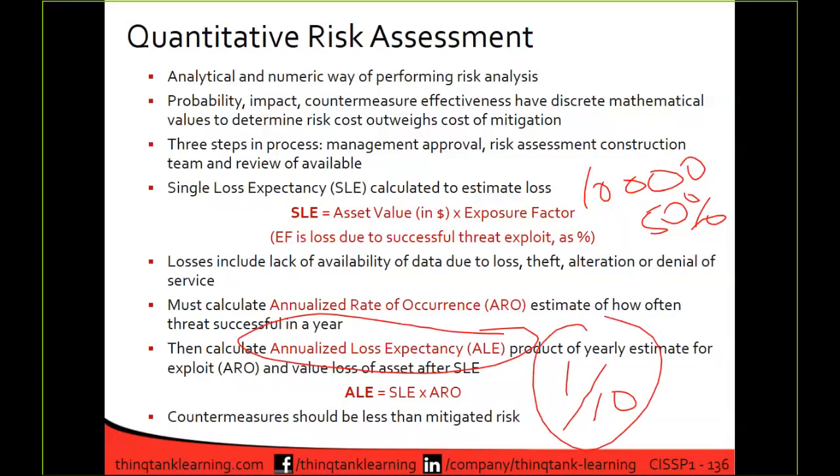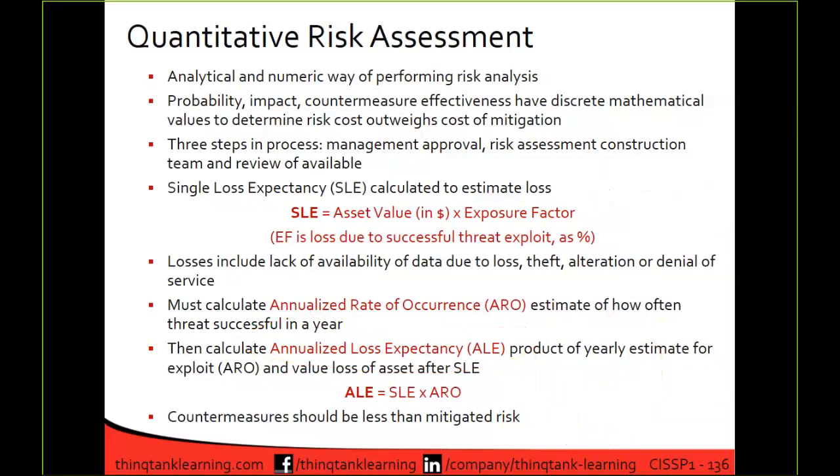So now I'm taking 1/10 of that value, as opposed to a multiple of that value, if I were to say it happens 2 times every year. So the annualized loss expectancy is another dollar value that represents, essentially, the amount of dollars that I would expect to lose based on the rate of occurrence of the event and the single loss expectancy.